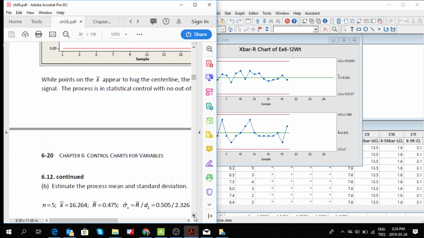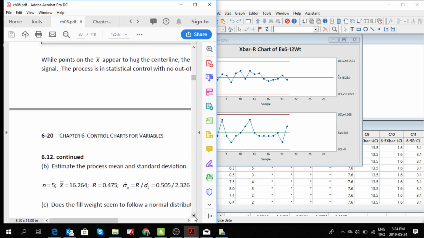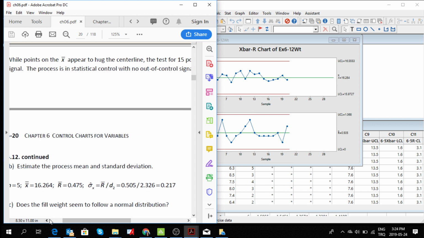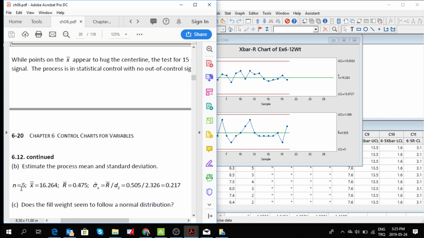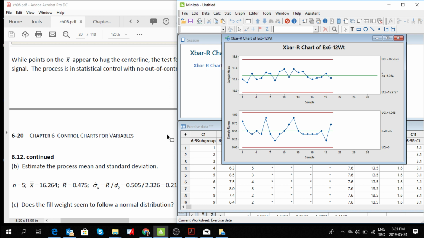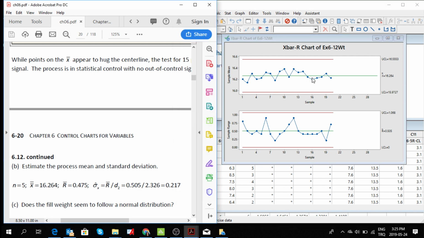Okay, so the second question is to estimate the process mean and standard deviation. Our subgroup size is 5. X bar bar, you can find it from this graph as well. This is the X bar chart, right? The first one is the X bar chart, and the X bar bar is in here, 16.264.